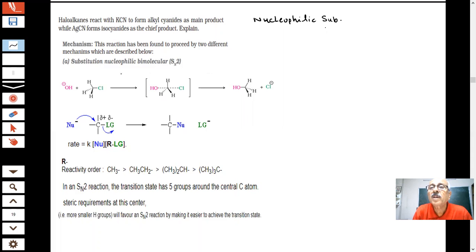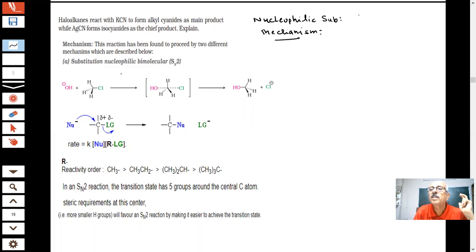Now the important question which will be coming in the exam is on the mechanism of nucleophilic substitution reactions. The nucleophilic substitution reaction can proceed by two different mechanisms. How many? Two.